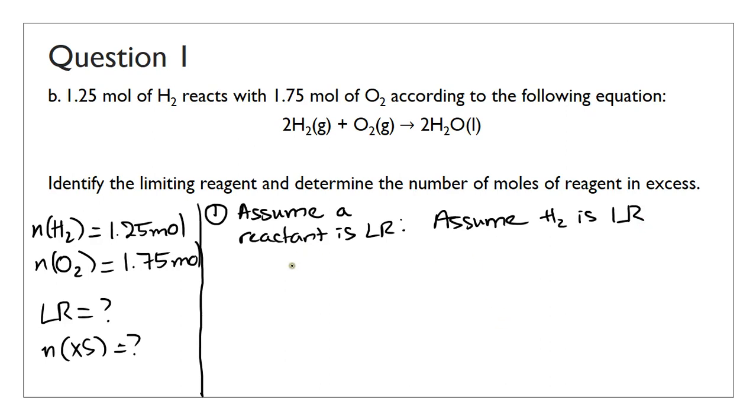Now, once you have made this assumption, and this is a process of trial and error, okay? You may assume that oxygen is the limiting reagent, and your assumption may be wrong, but what we're going to do is, once we make an assumption, we're going to test whether the assumption is correct or not.